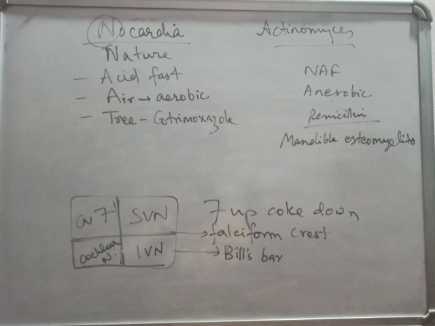This is another subdivision, but anyway, the point is, this is the superior vestibular nerve, then coke down, cochlear nerve, and then down is the inferior vestibular nerve. And this horizontal bar, crest kind of thing, is called the falciform crest, and there is a vertical bar called Bill's bar.